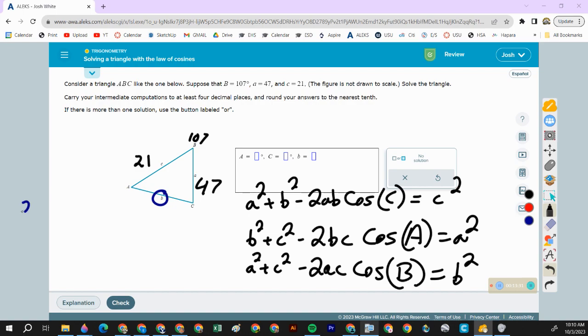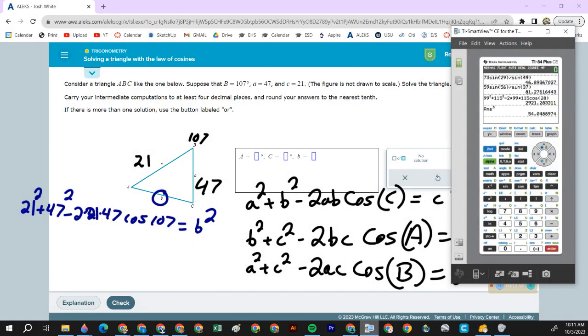Which would give me 21 squared plus 47 squared minus 2 times 21 times 47 times the cosine of 107 is b squared. Everybody get that?